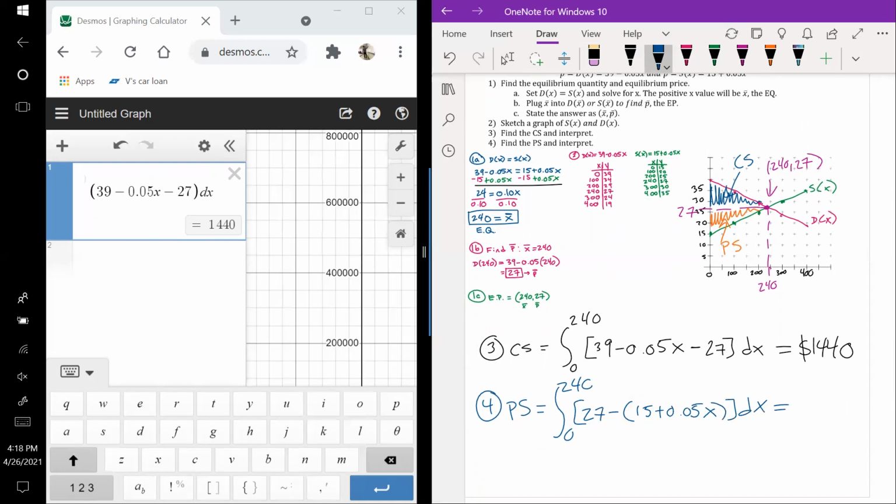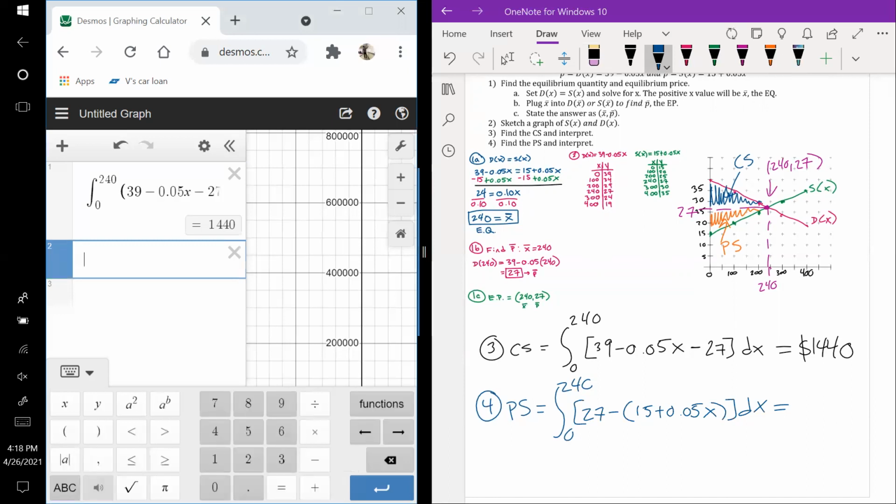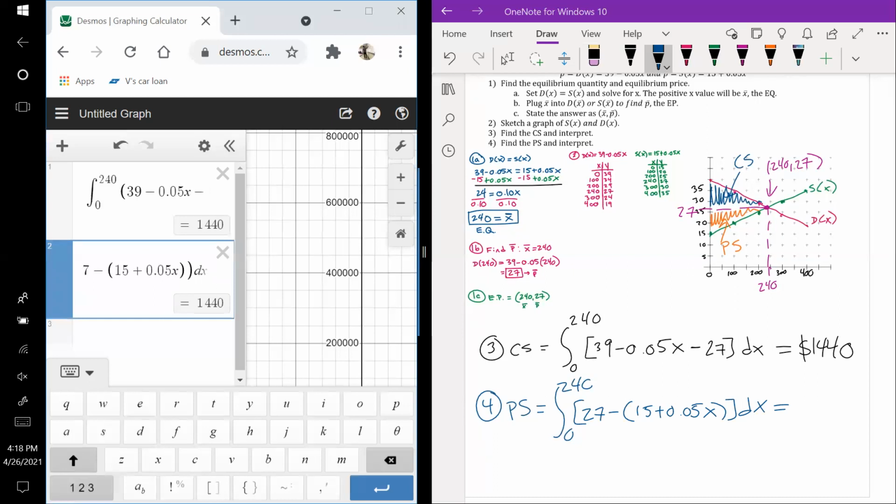And sure, we can type that one in just like that as well. 0 to 240 of 27 minus (15 plus 0.05x) dx. And we also get 1440.